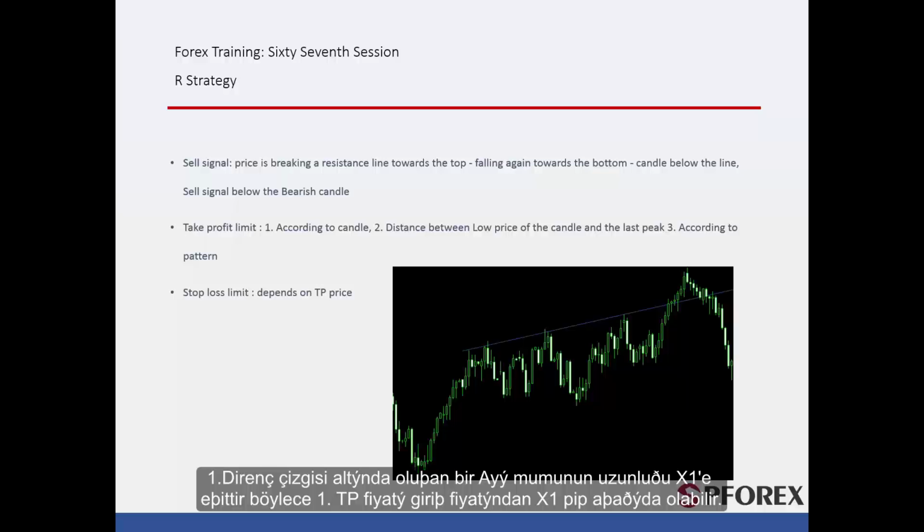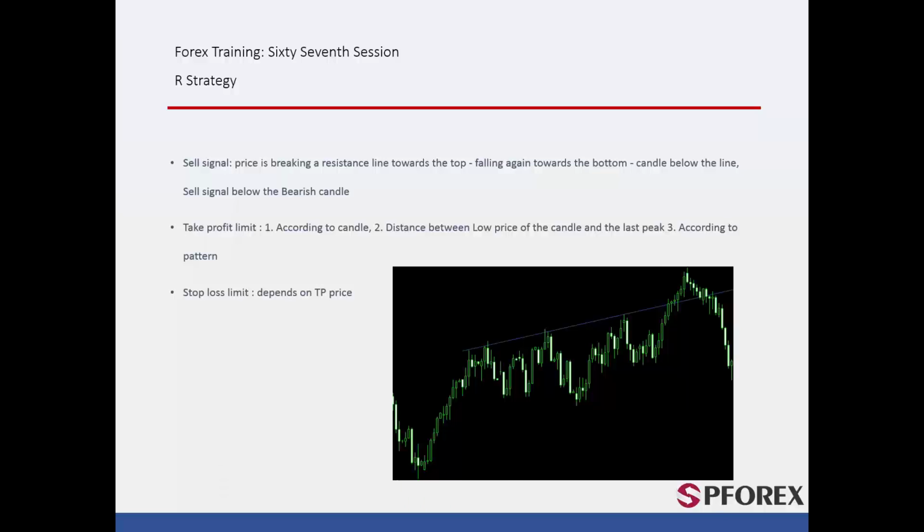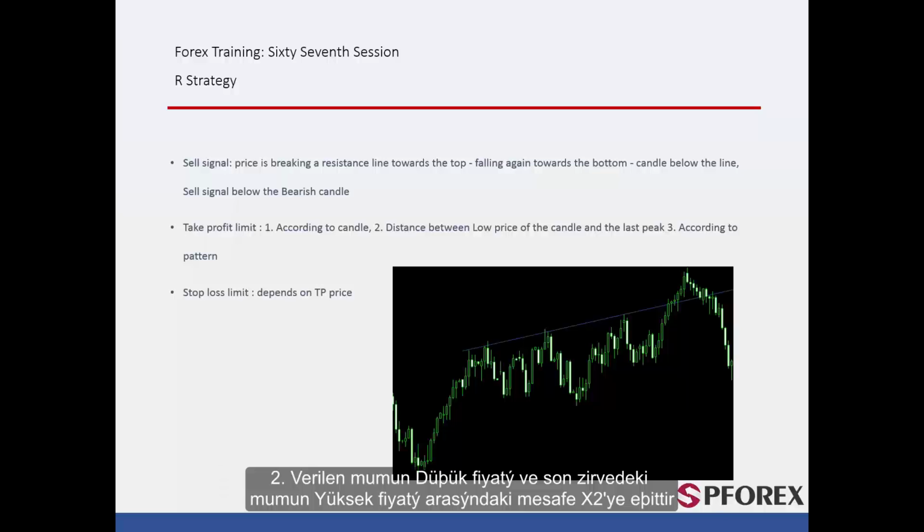1. The length of a bearish candle that forms below a resistance line equals x1. Thus, the first TP price can be x1 pips lower than the entry price. 2. The distance between the low price of a given candle and the high price of the candle on the last peak equals x2.